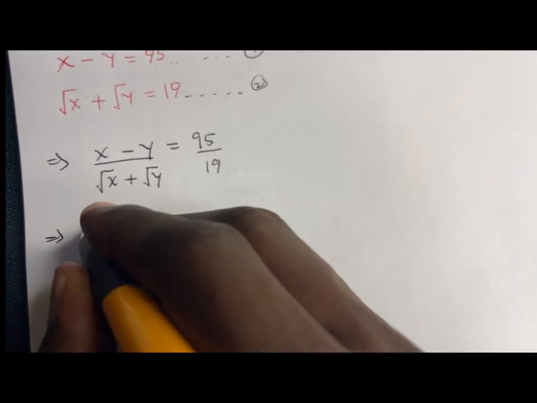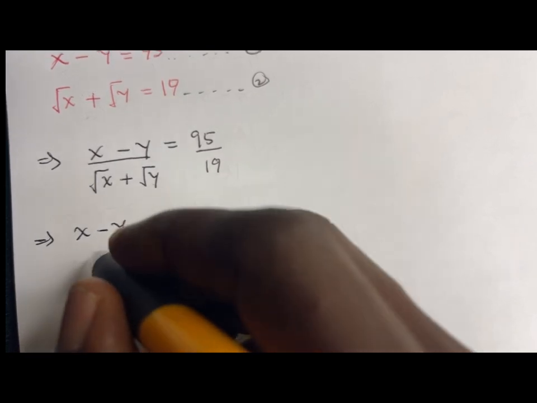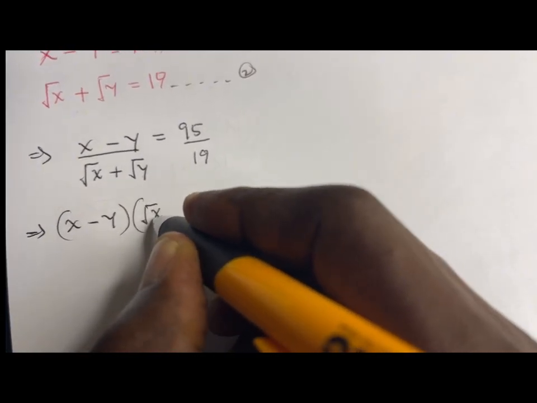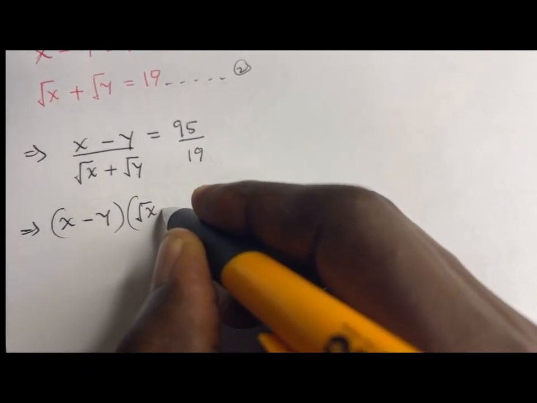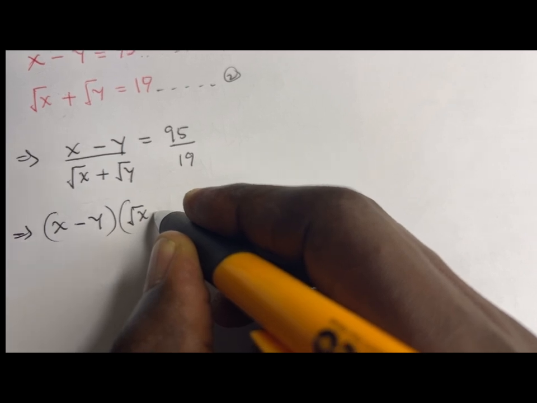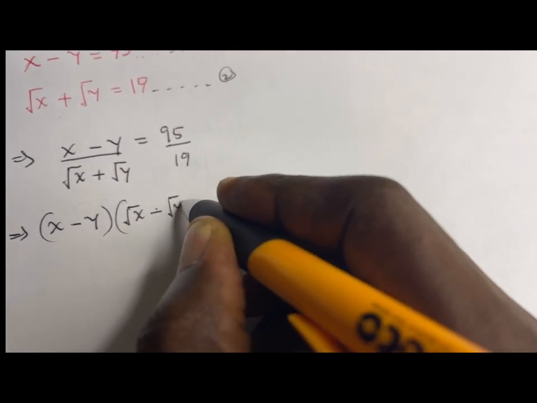So we have x minus y times the root of x minus the root of y.